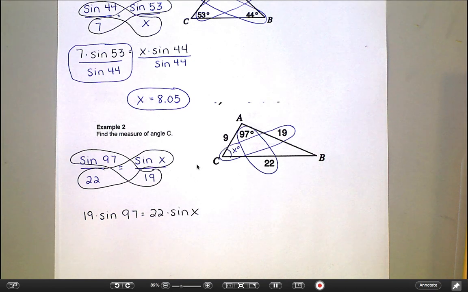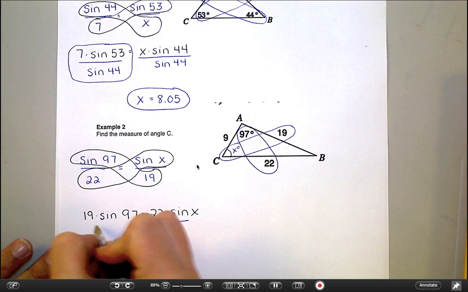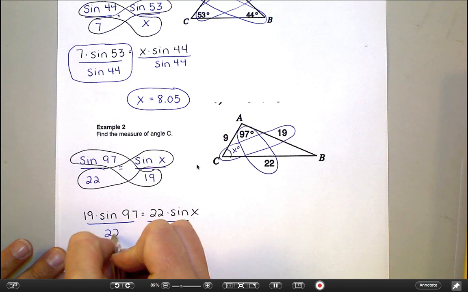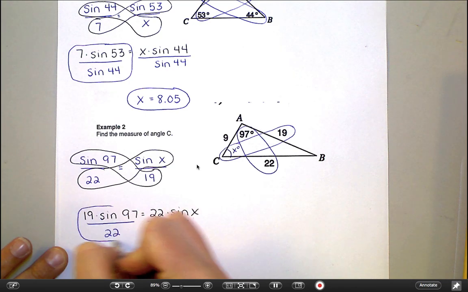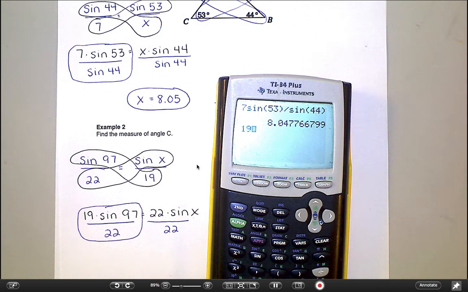Trying to get x by itself, so let's divide by the 22. And now this is going into my calculator. So 19 sine 97, close that parenthesis, divided by 22.